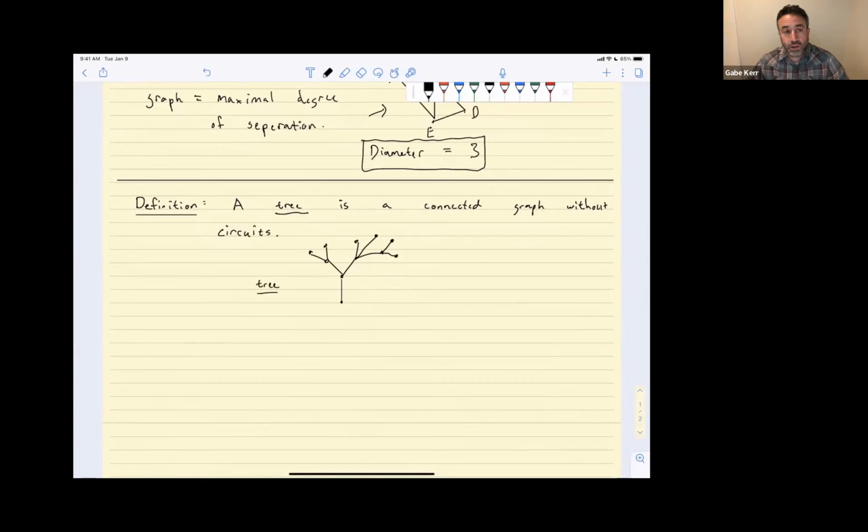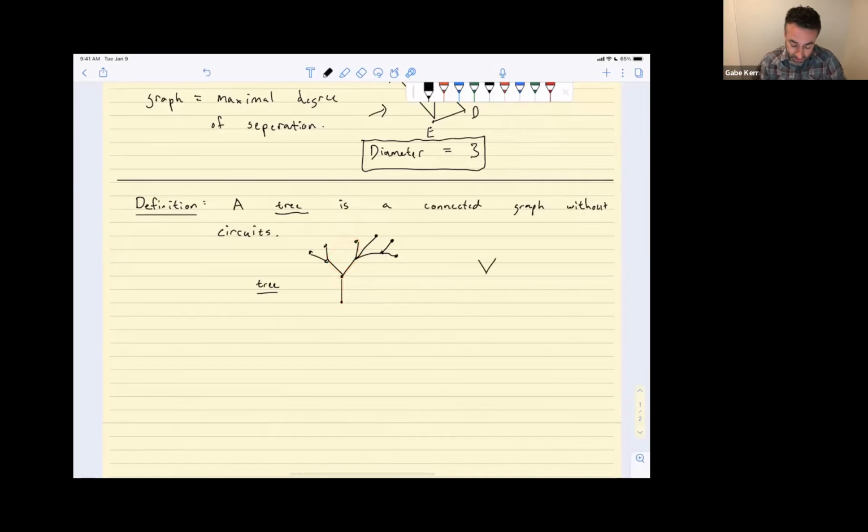As you can see, I drew it in a way that it looks like a tree, kind of. But the point is that there's no circuits. It's connected, that's one part, but there's no circuits. So I'm not going to be able to ever go around and loop back. So that's the notion of a tree. Questions?